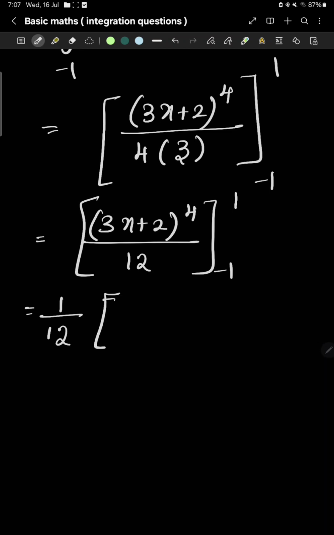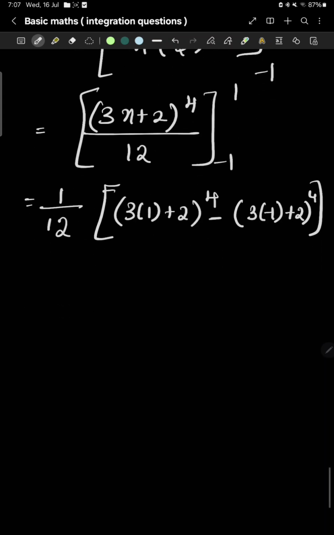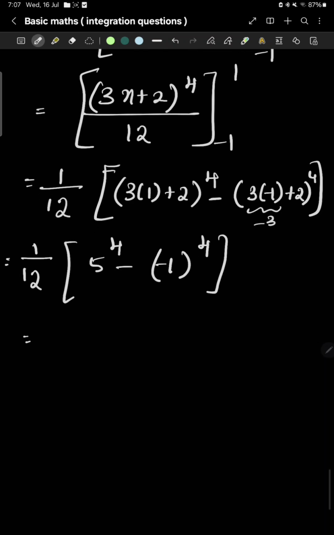When I substitute the upper limit, it will be 3 into 1 plus 2 whole power 4 minus the lower limit, 3 into minus 1 plus 2 the whole power 4. So 1 by 12 is common. 3 plus 2 will be 5 power 4, minus, here it will be minus 3 plus 2, so obviously minus 1 power 4, which is 1.